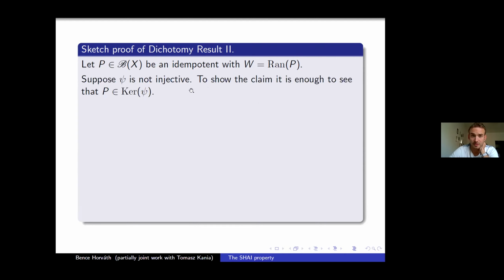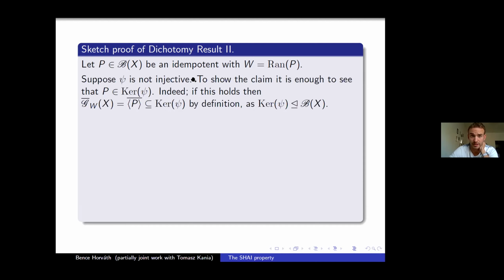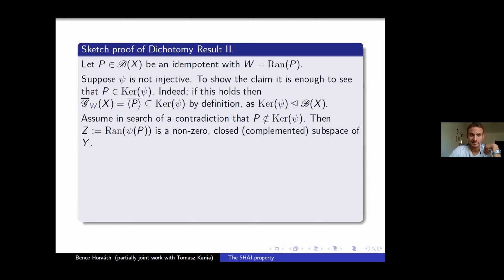Let us observe that it's enough to see that P is in the kernel of this surjection. Of course, that's just because the ideal of operators which approximately factor through W is the ideal generated by P, and the kernel is an ideal. So assume towards a contradiction that P doesn't belong to the kernel.